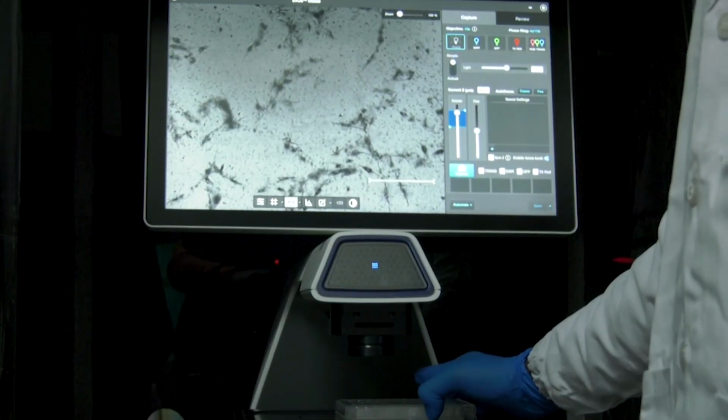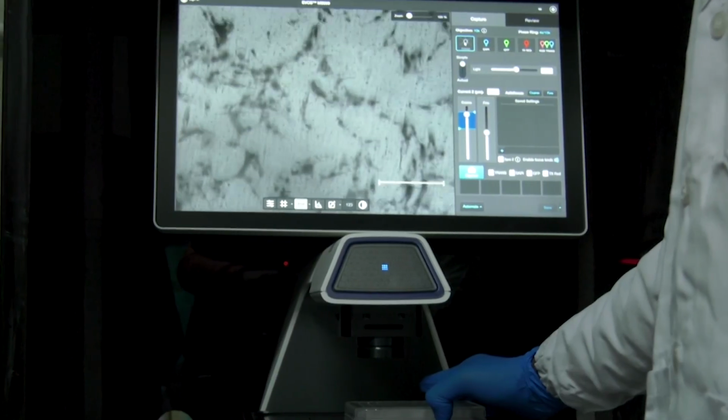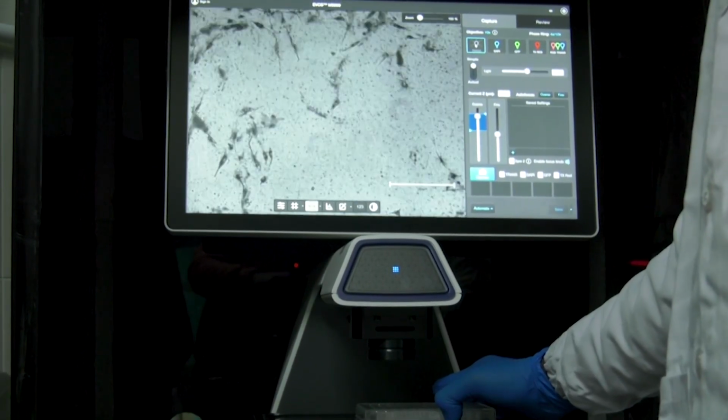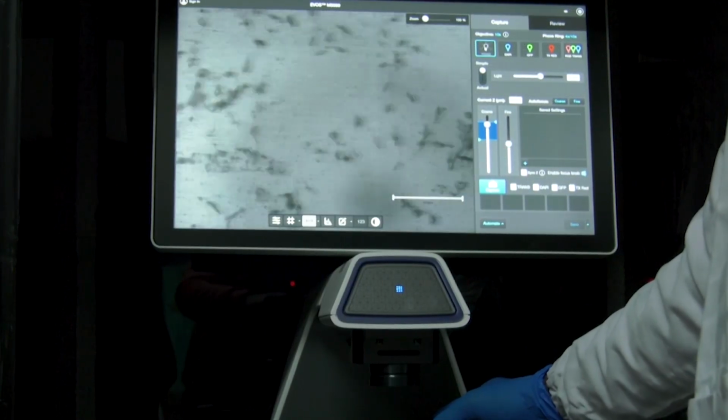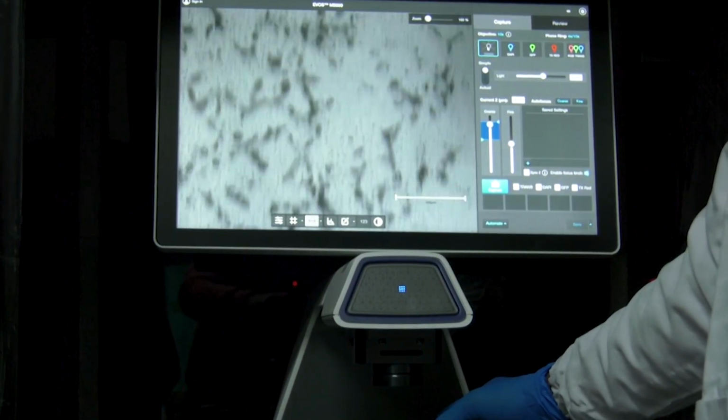After incubation, we can observe the formation of Formazan crystals in the control wells, while the test wells show fewer Formazan crystals compared to the control.